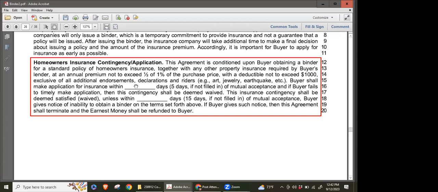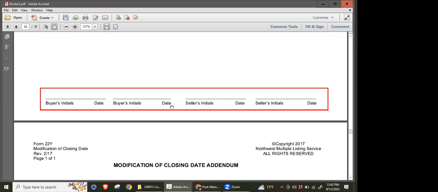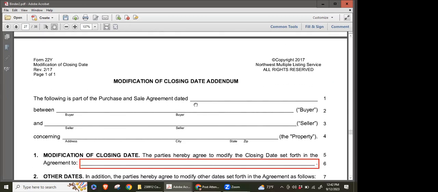So I say this is just a simple protection. I like to give more than 5 days, because if one doesn't work, then you have to hunt around. Just a little tidbit on that. If you can't find an insurance broker, ask the sellers who they are using currently and see if you can work off of that one.